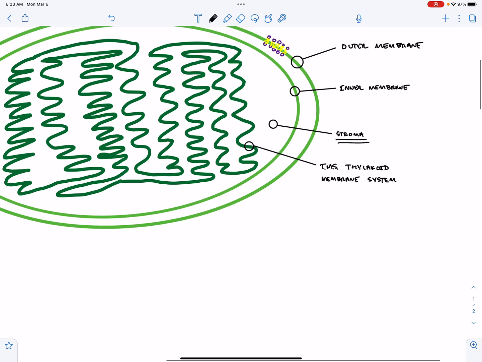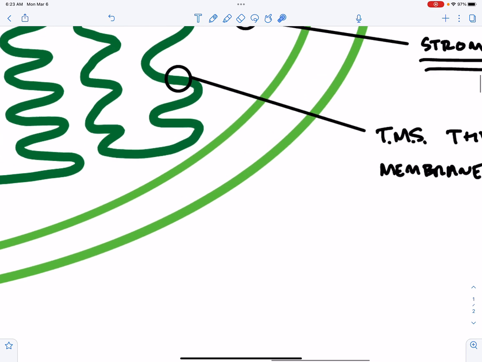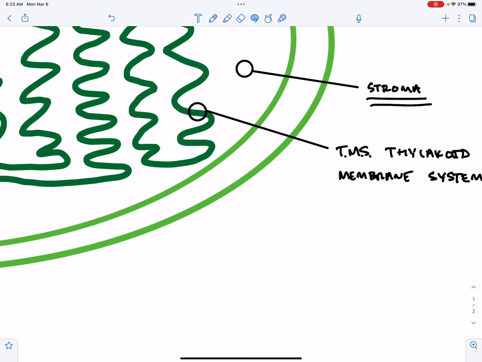Okay, so this is the thylakoid membrane. The whole thing, like the interior as well, will be part of the thylakoid membrane system. Or you could just say the thylakoid membrane system is what's in the membrane and then also what's inside of this structure. So we'll put my little thing like that.